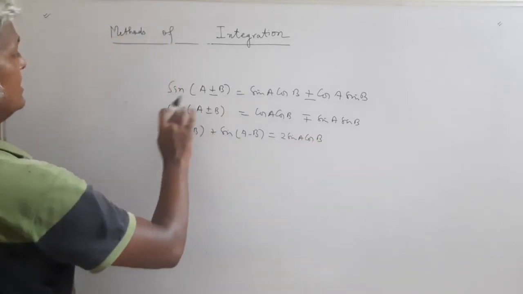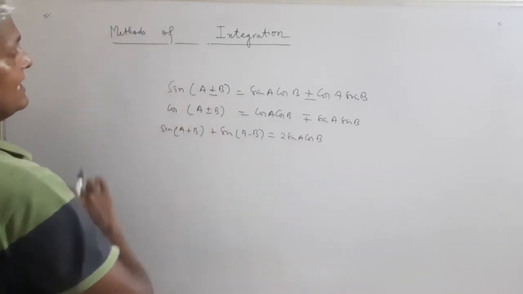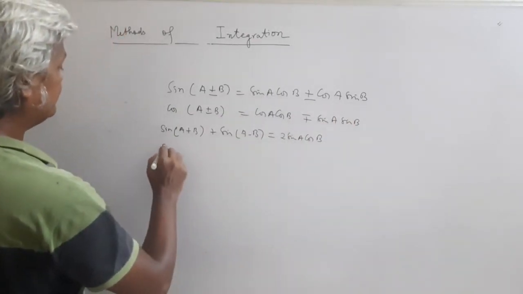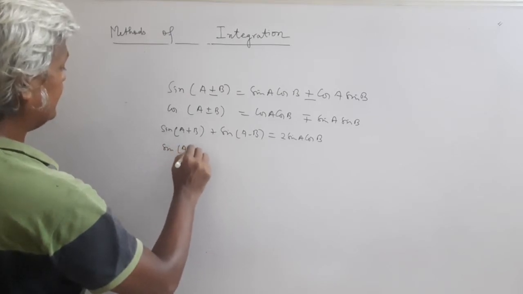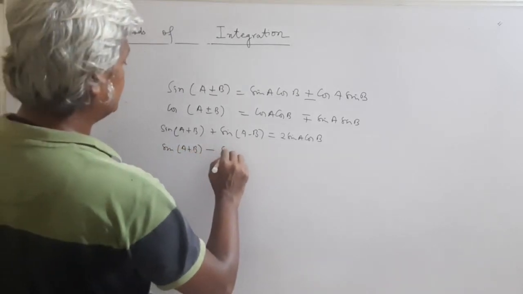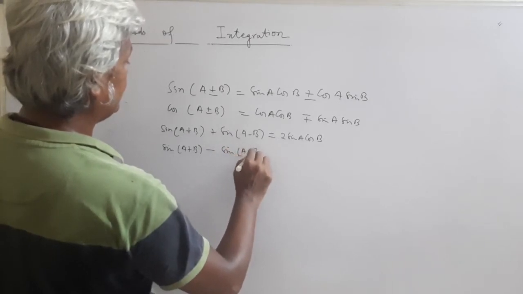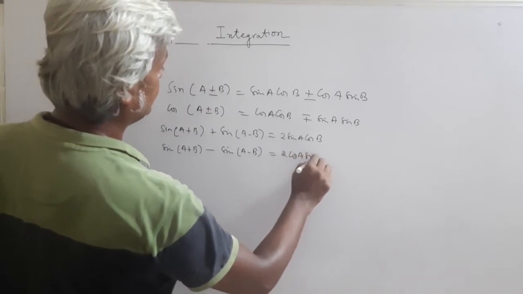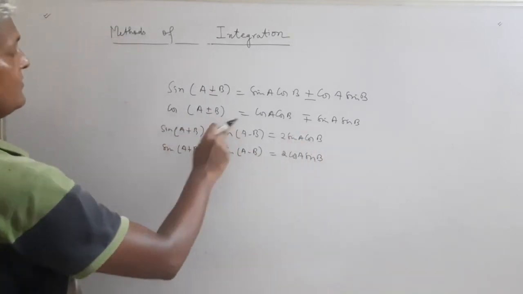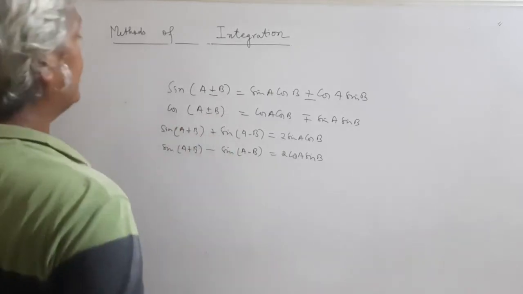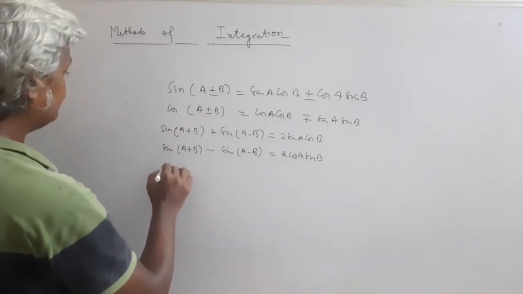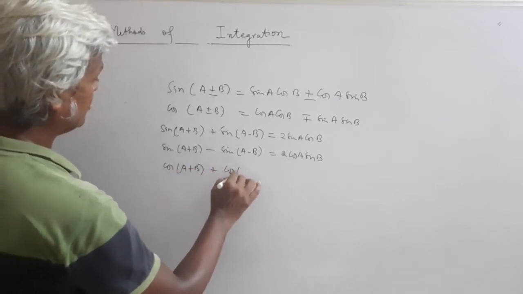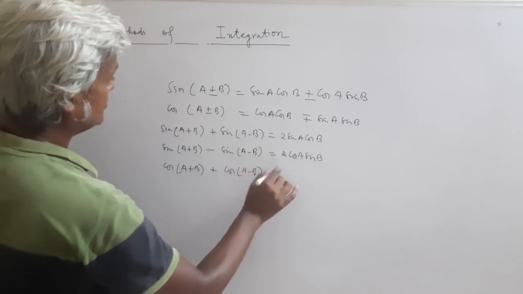If you subtract sine A plus B minus sine A minus B, this term will get cancelled and these two will be added. So we have sine A plus B minus sine A minus B, and this is 2 cos A sine B. Now if I find the sum of the two cosine terms, cos A plus B plus cos A minus B, then these two will cancel.